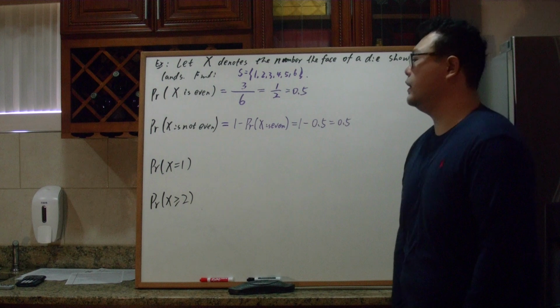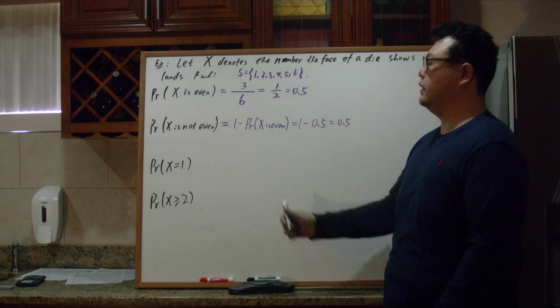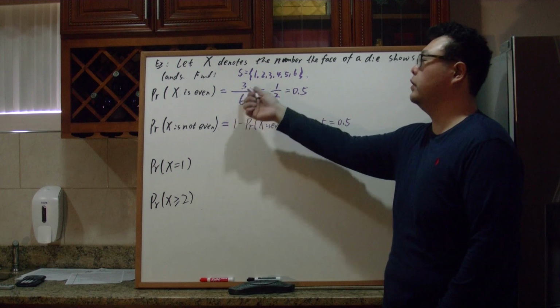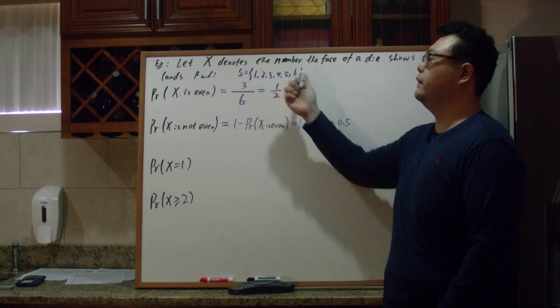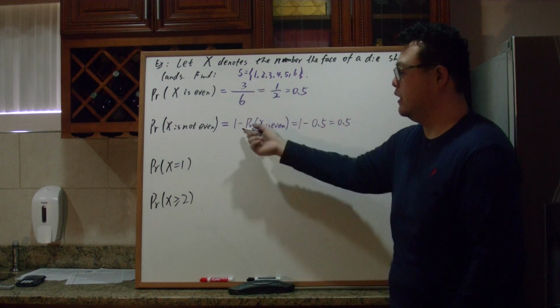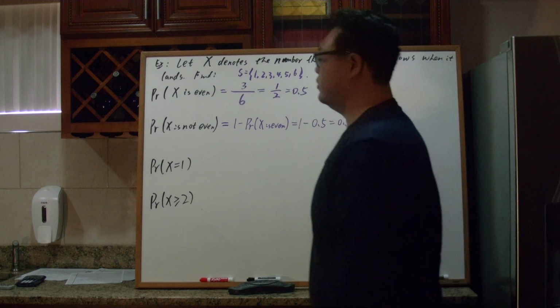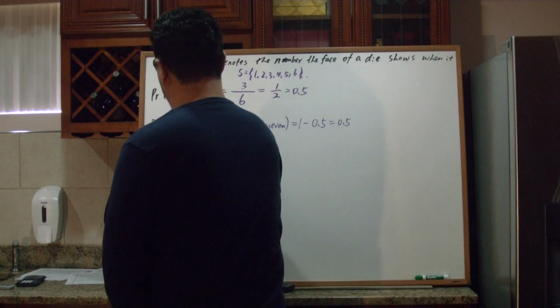It's not necessary that we can always find it straightforwardly. If X is not even, then X is odd, and 1, 3, and 5 are odd numbers. That is also 3/6. So applying it straightforwardly is also appropriate.